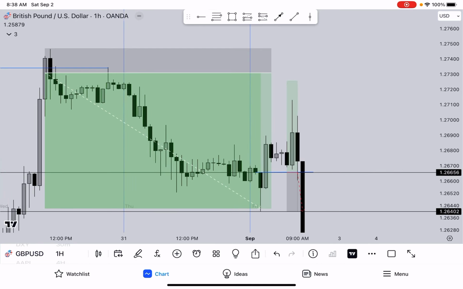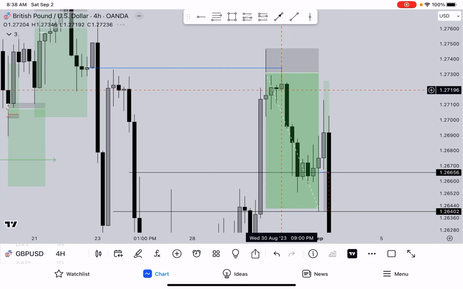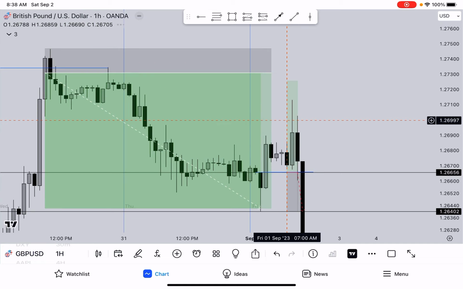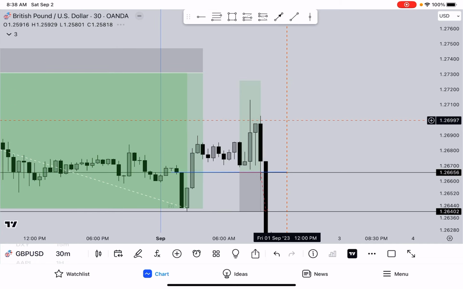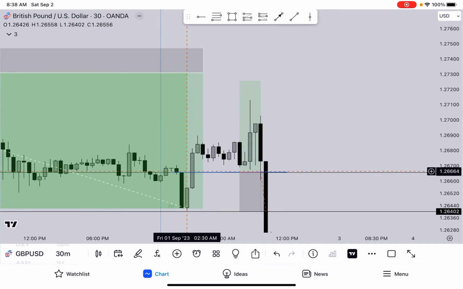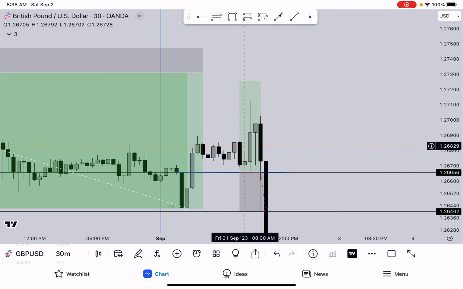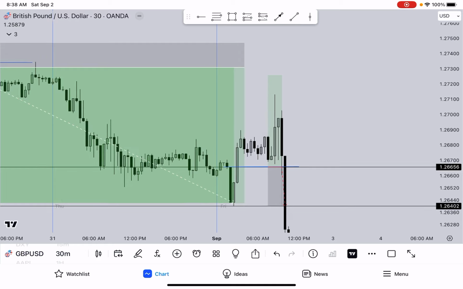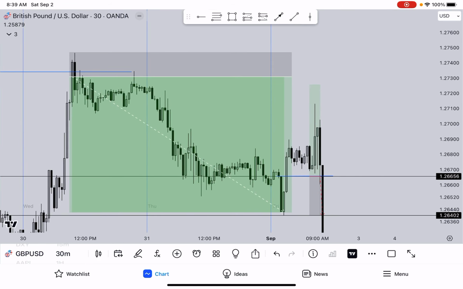So I was expecting price to come back up to this order block here on the 4 hour time frame. What I wanted was this 1 hour and also 30-minute order block. I was wicked in here. Price shot up about 50 pips, immediately rejected. And that was my second trade of the week for GBP USD.